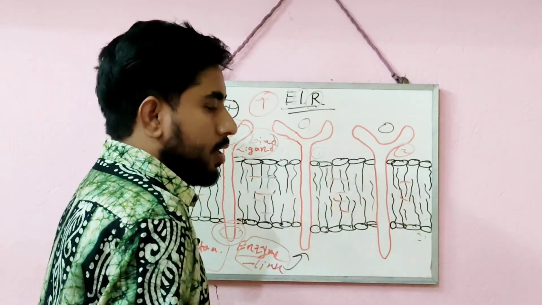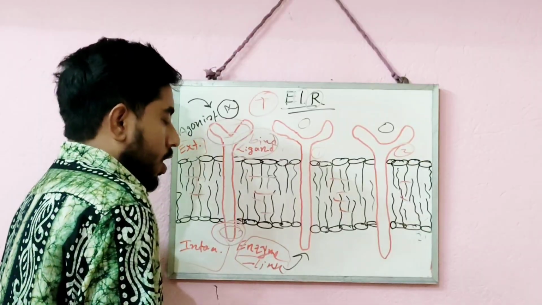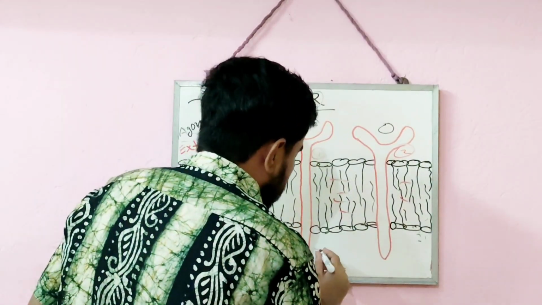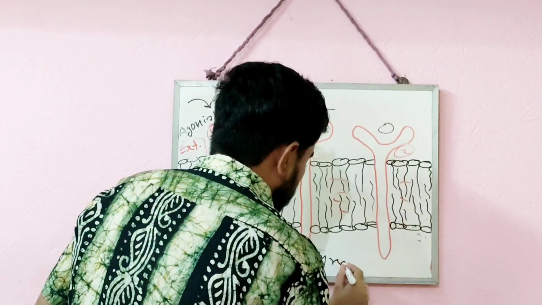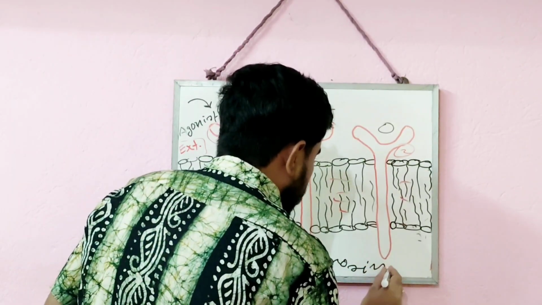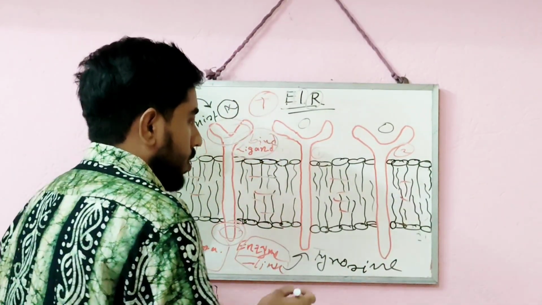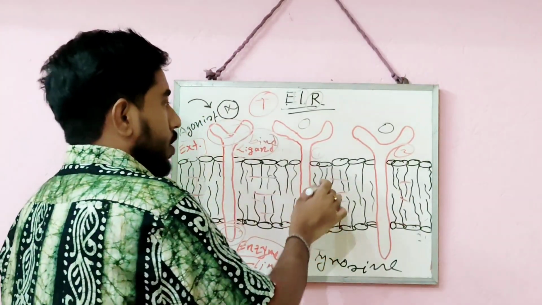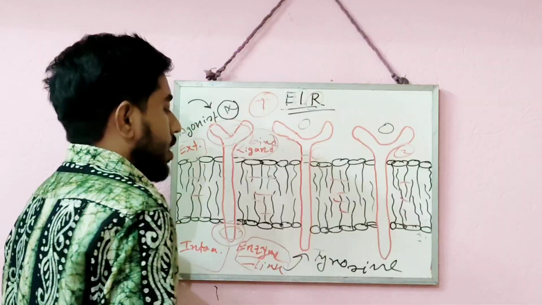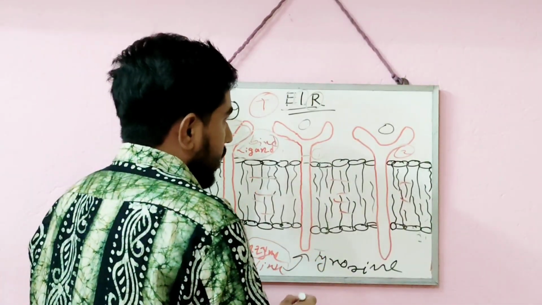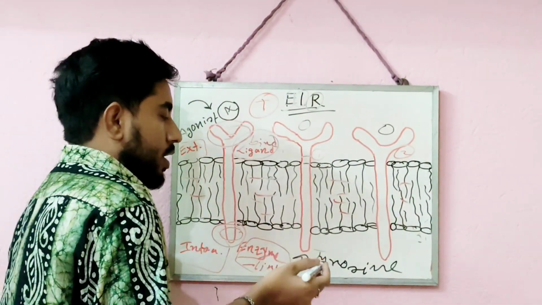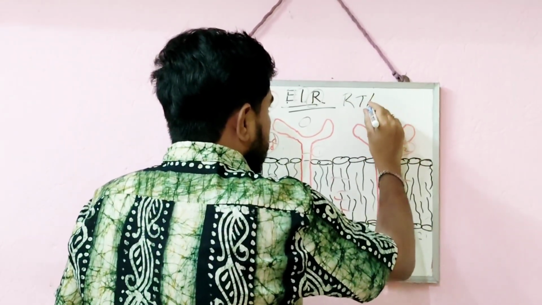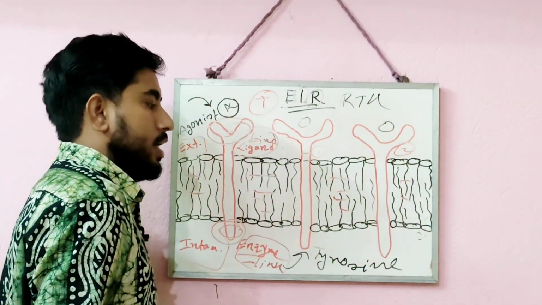Here, the type of enzyme that generally comes and binds is called tyrosine enzyme. Most of the time, especially tyrosine, comes and binds with the enzyme linked intra-domain of that enzyme linked receptor, and after binding they form a protein kinase that is called receptor tyrosine kinase, also called RTK.